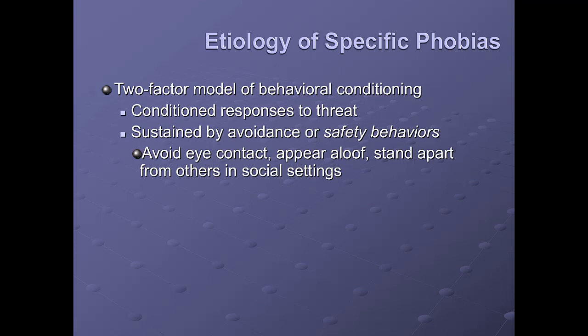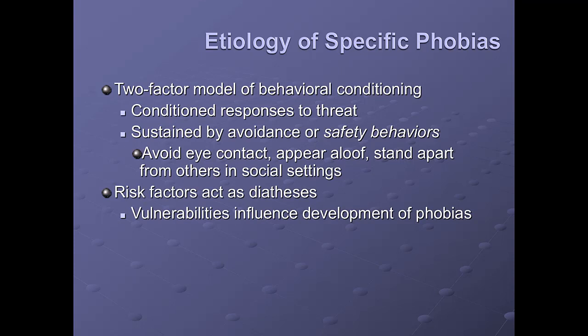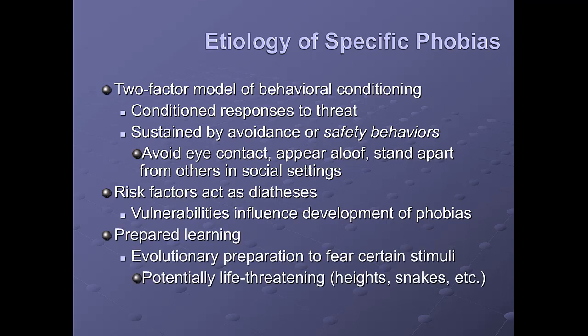What we find is that people who are biologically vulnerable to anxiety, if they are put into a situation where they come to fear something, or become conditioned to fear something, develop the phobia because they're already biologically set up to be vulnerable. And then they go through the conditioning process and they just end up developing the phobia.